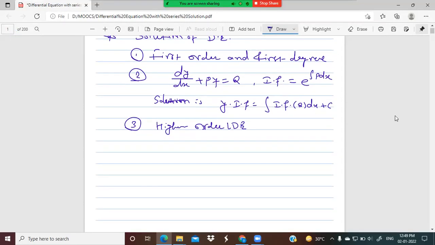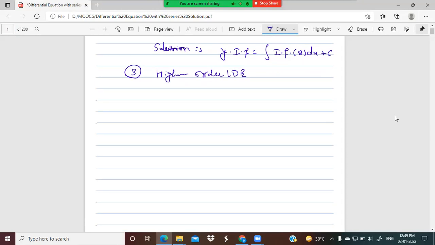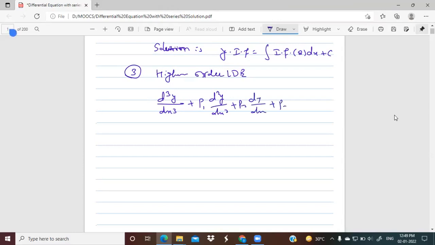You can write, for third order, d3y by dx3 plus p1 into d2y by dx2 plus p2 into dy by dx plus p3 y is equal to Q. Here p1, p2, p3 are constants and Q is a constant or a function of x.